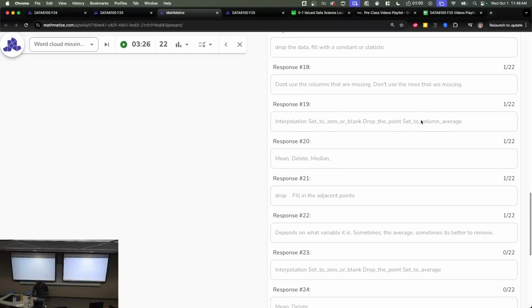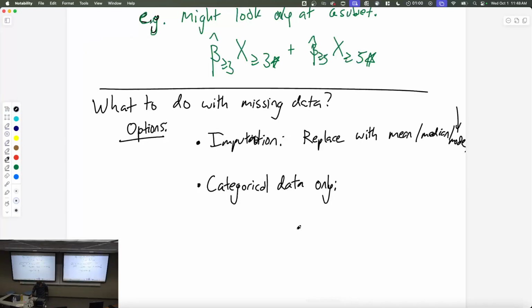You could make a special category called the data is missing. So a new category. Like you could have a category called the data was missing. And then if it's a category where it's red or blue or data is missing, maybe the ones where the data is missing have something different going on than the reds and the blues. So that is a possible thing.